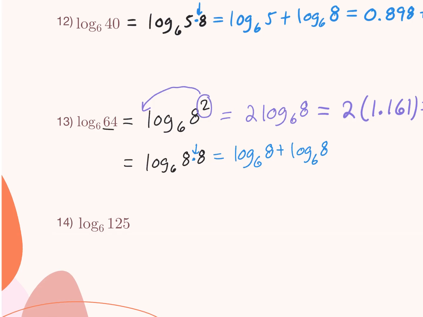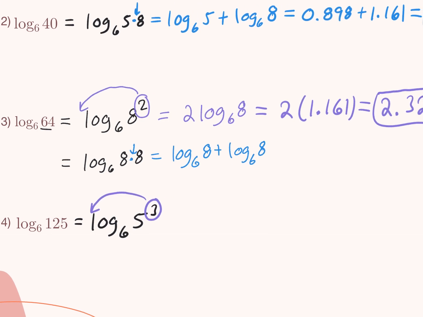All right, and let's try the exact same thing with the last one, right? Again, 125, we can somehow write that using a 5 or an 8. And hopefully you guys know that 125 is the same as 5 to the power of 3. So this is the same as log base 6 of 5 to the power of 3. And then just like the previous one, you can move that exponent out front, or you can write it as log base 6 of 5 times 5 times 5, but I would rather keep it a little bit simpler and move the exponent out front and just multiply that number instead.